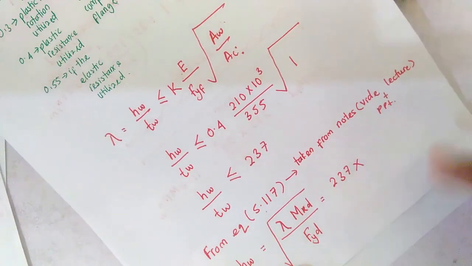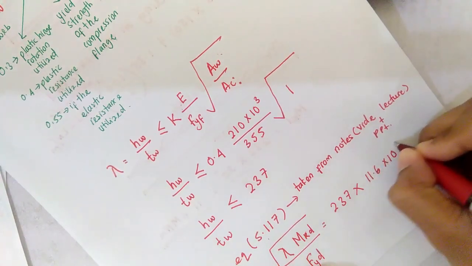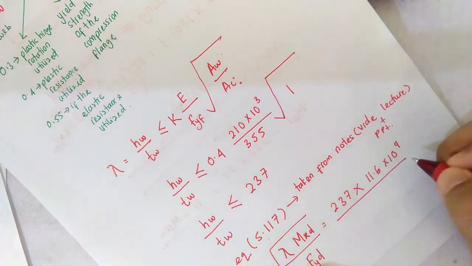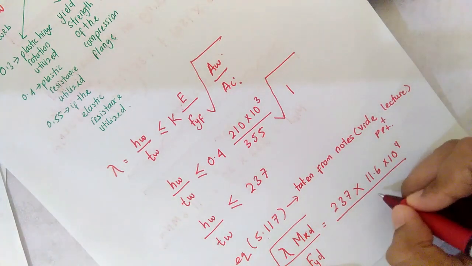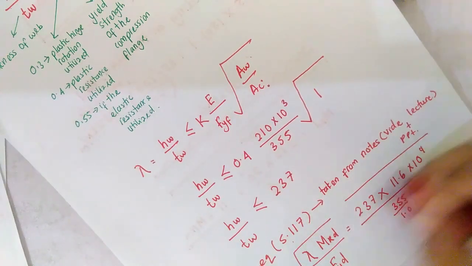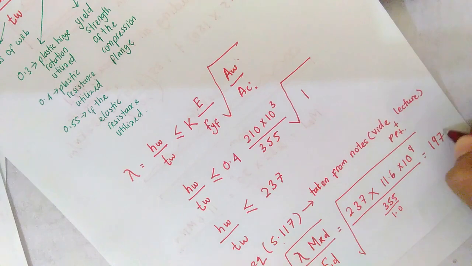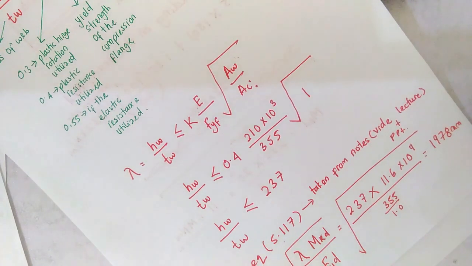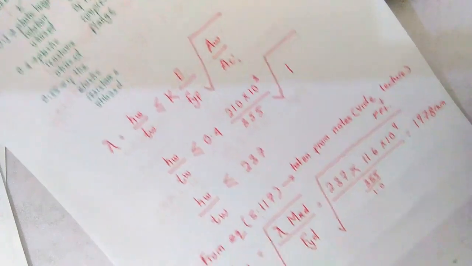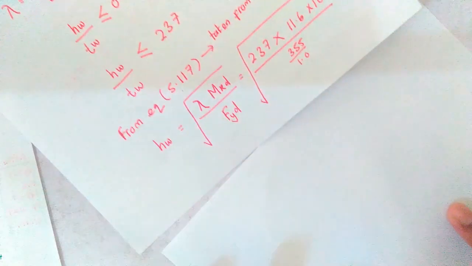So you get 11.6 times 10 to the power of 9 over FYD, which is 355, over 1, divided by your aspect ratio. Finally, you will get 1978 millimeter.